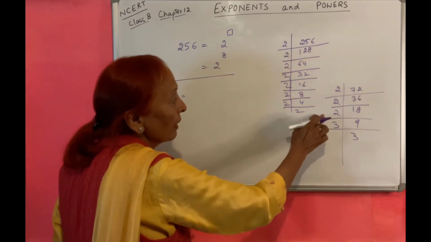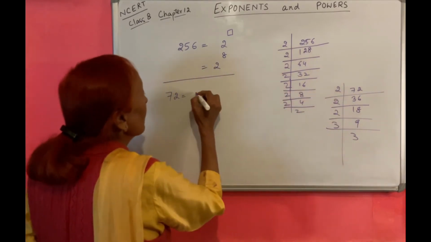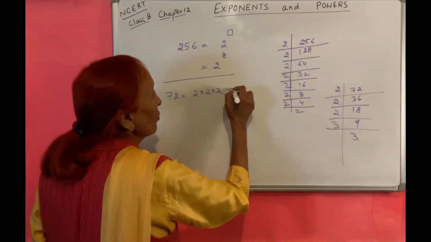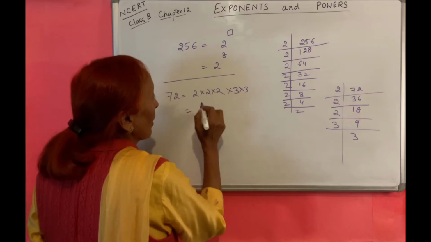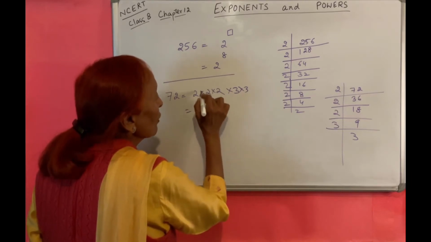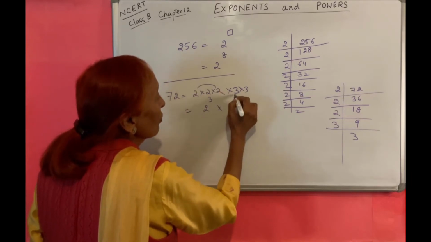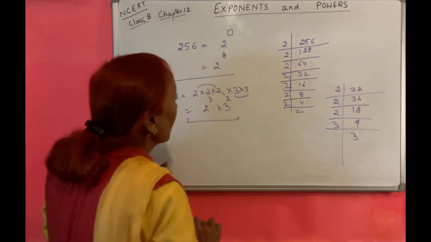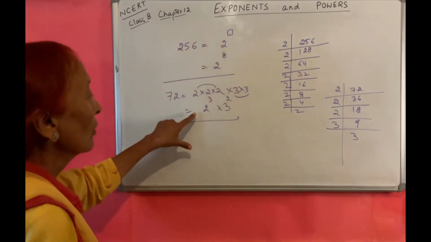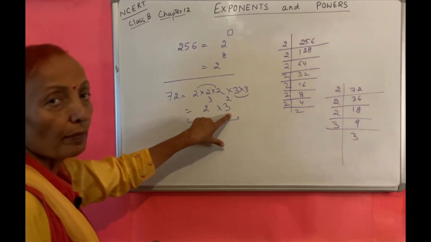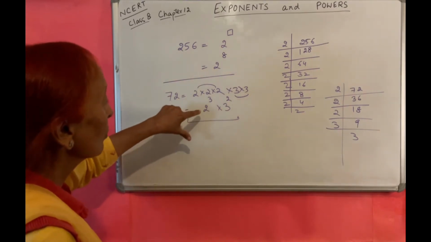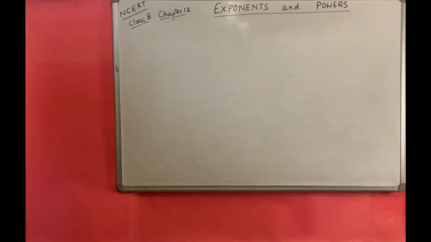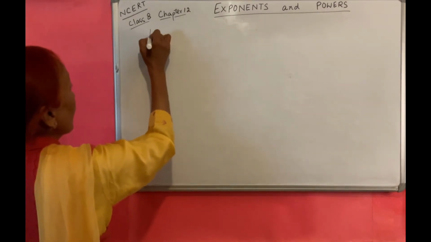So this number can be written as 2 multiplied 3 times and 3 multiplied 2 times. So I can write this as 2 raised to power 3 into 3 raised to power 2, and these 2 and 3 are prime numbers.